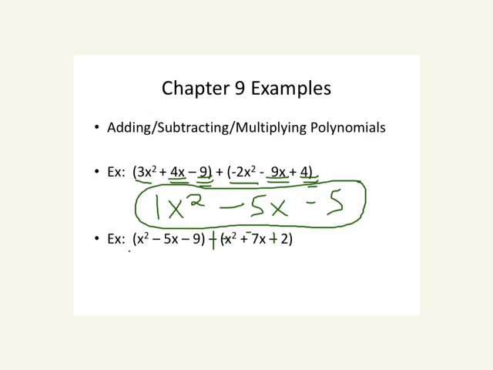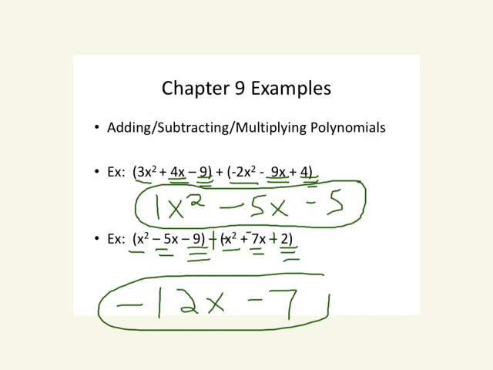Once you do that, you can now combine like terms. X squared and negative x squared make 0x squared, so that's nothing. Negative 5x and negative 7x make negative 12x, and then negative 9 and positive 2 make negative 7. So that would leave us with negative 12x minus 7.